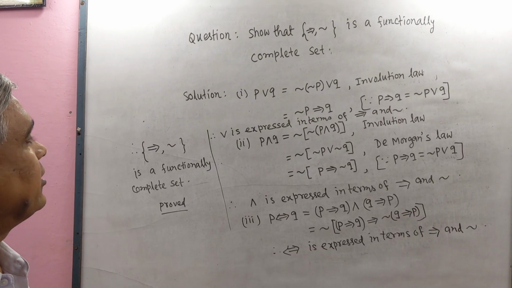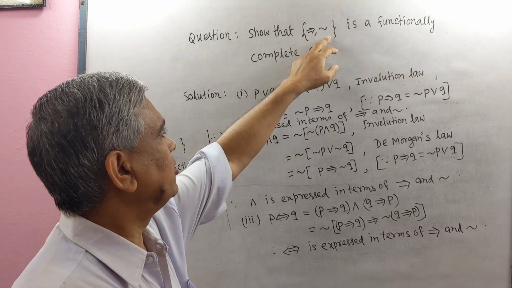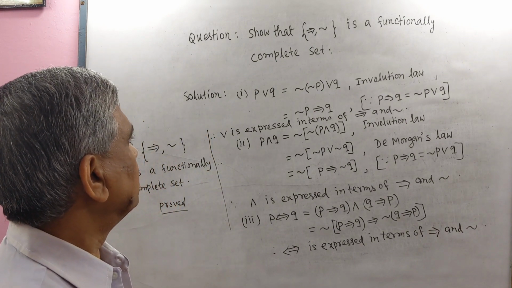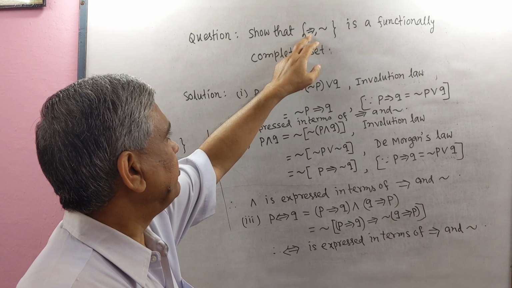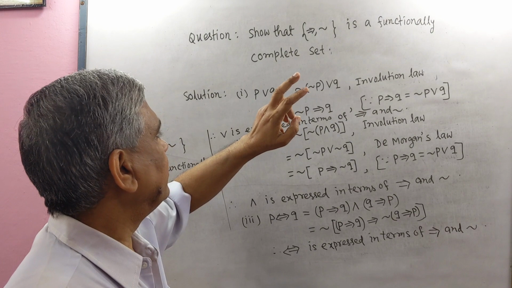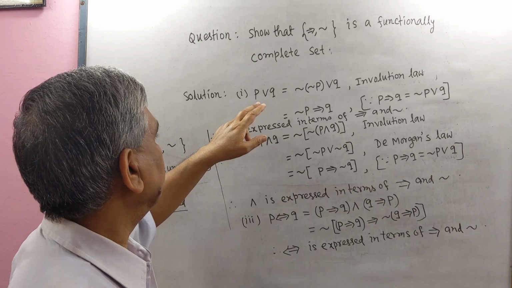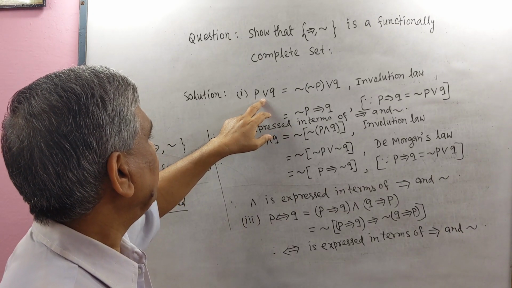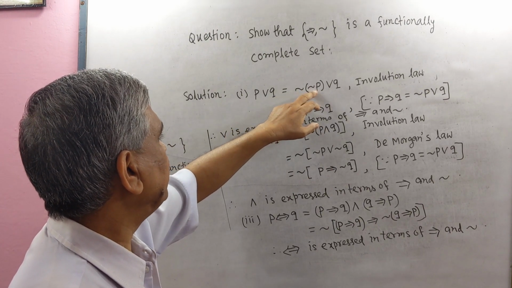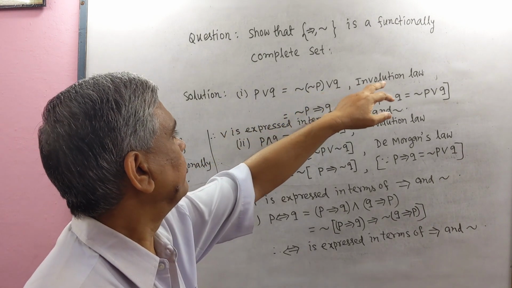Now we shall show that a set containing connectives implication and negation is a functionally complete set. Since here we have two connectives, implication and negation, other connectives are conjunction, disjunction, double implication. First we deal with disjunction. P disjunction Q equal to negation of negation P disjunction Q by involution.